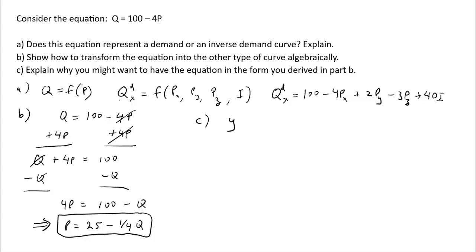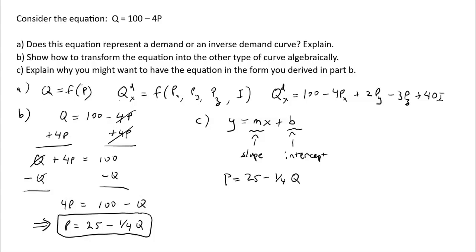Well, a general formula for the line is y equals mx plus b. And you know that m, that's the slope, and b, that's the intercept, right? Well, our equation, p is equal to 25 minus 1/4 q. What do we have here?